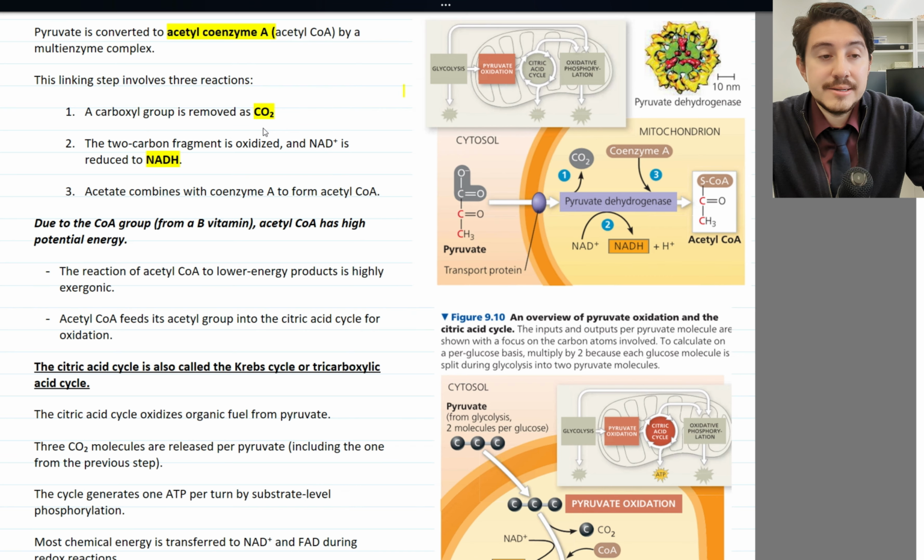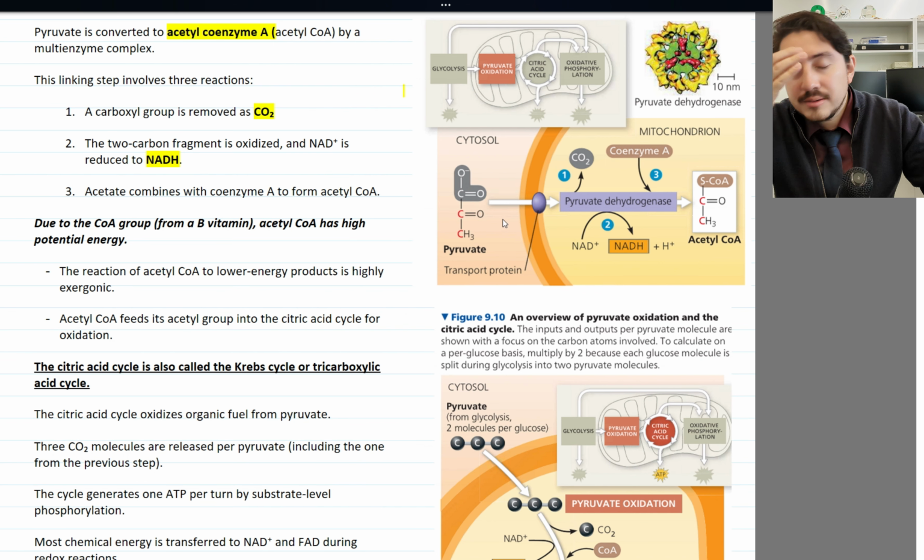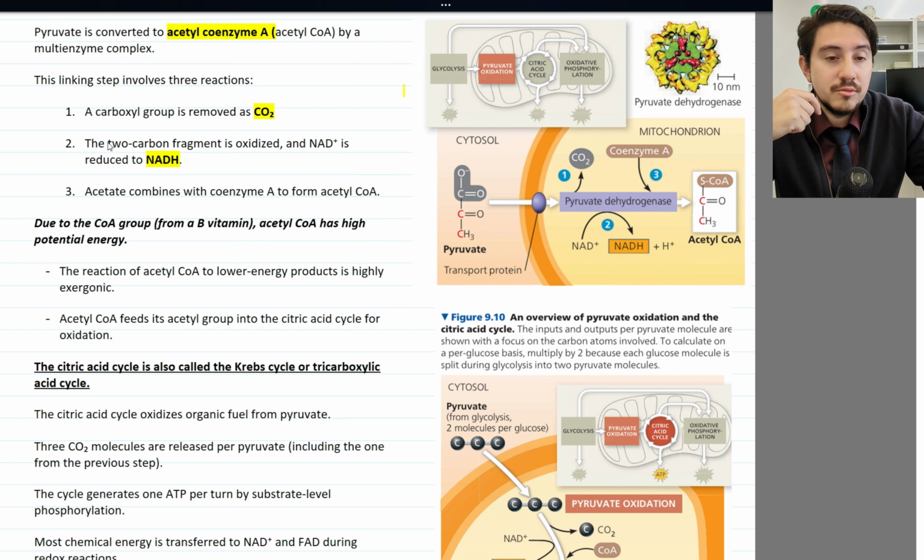as carbon dioxide. If you see here, you have the pyruvate 3-carbon compound, and you have your carboxyl group here. As it enters the mitochondria, this pyruvate will get oxidized and a carbon molecule will be removed via an enzyme, pyruvate dehydrogenase, which will do this entire process.